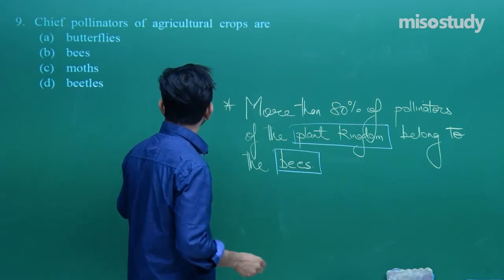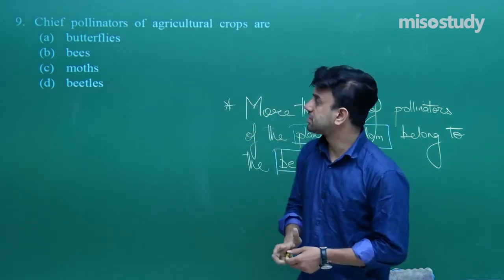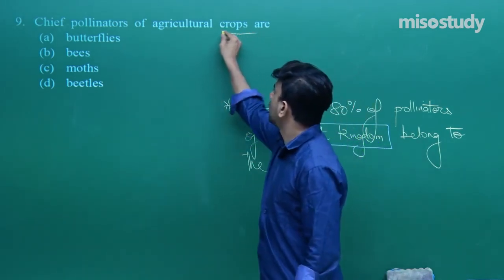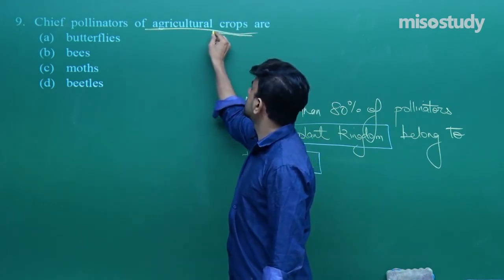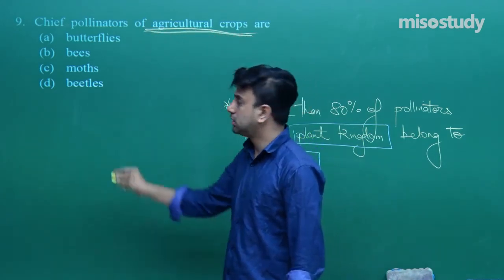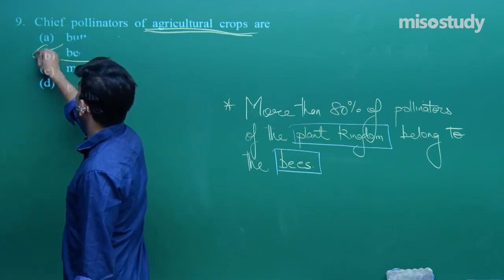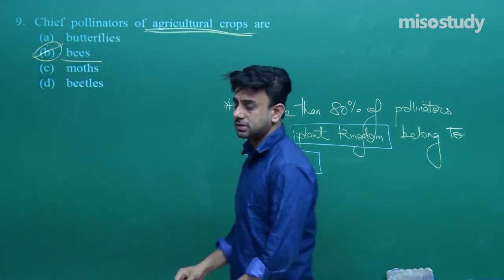So the chief pollinators of agricultural crops will be the bees.